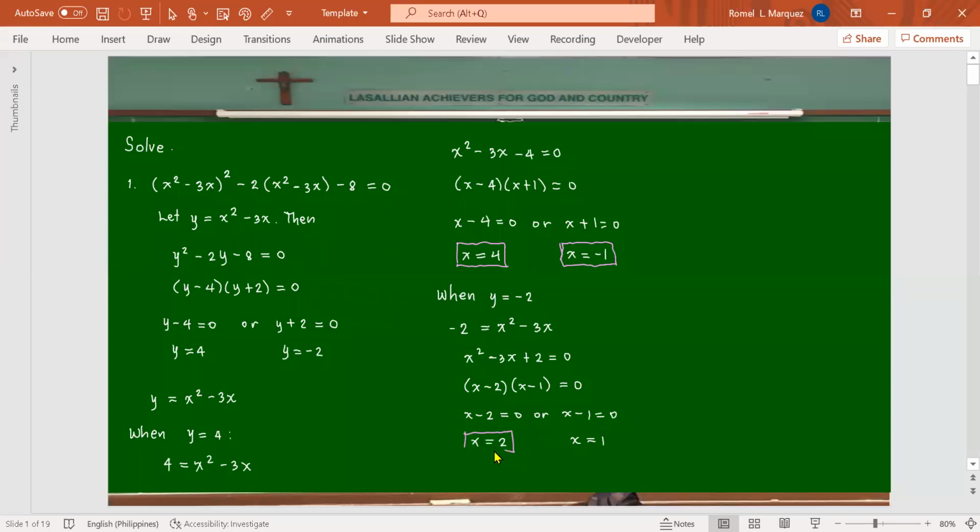There are 4 roots that will satisfy the given equation: 4, negative 1, 2, and 1. Do you have any questions with this, guys? You can check their values by substitution. When you substitute to the original equation, you must get 0, no? A question, guys?